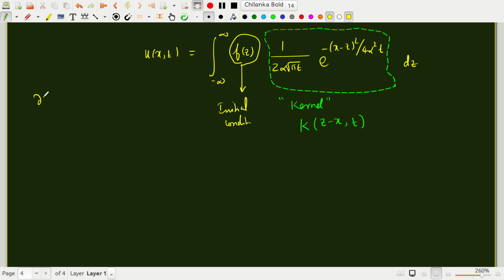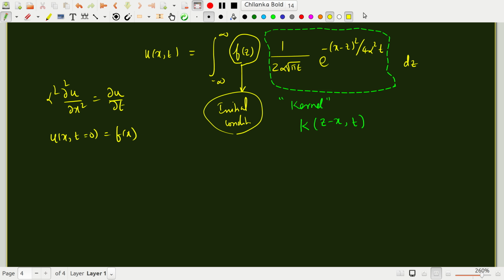Okay, so remember, you are trying to solve this problem subject to the initial condition f of x. Now this z is actually the dummy variable for x, right? Now all the information about the initial condition is here, whereas all the information about how the system is going to evolve from the initial condition to the eventual steady state is here.